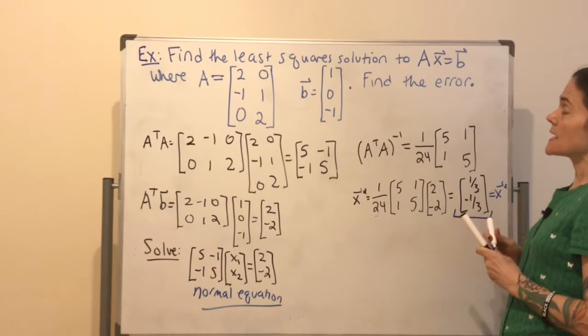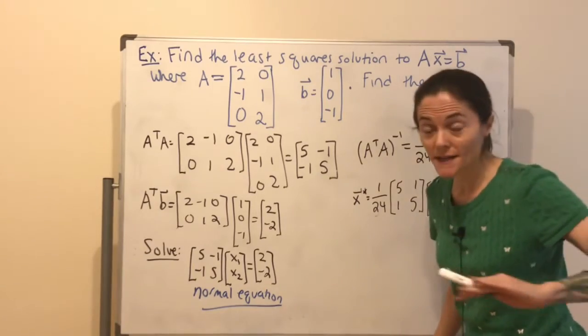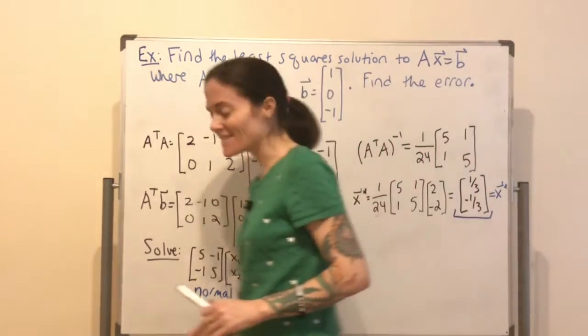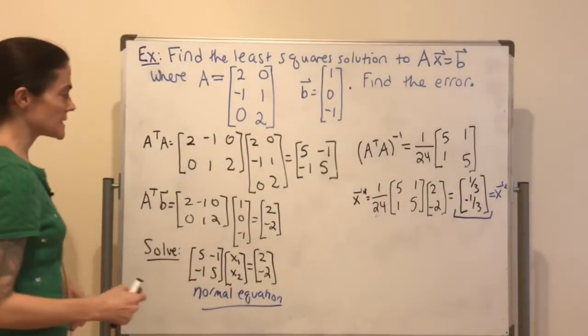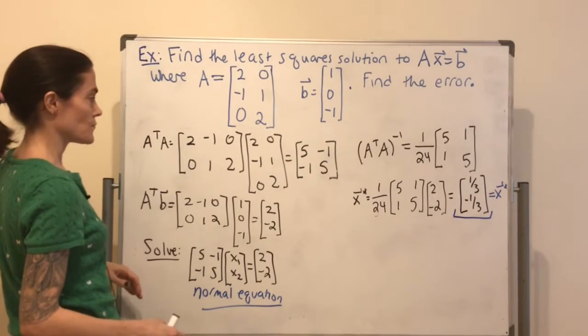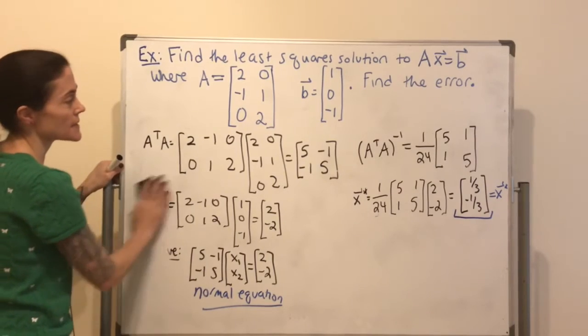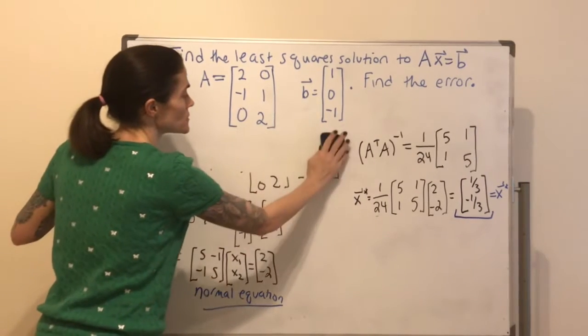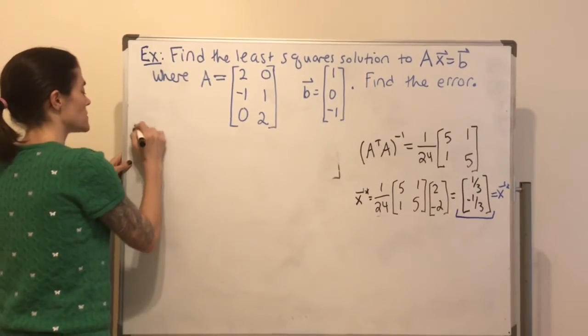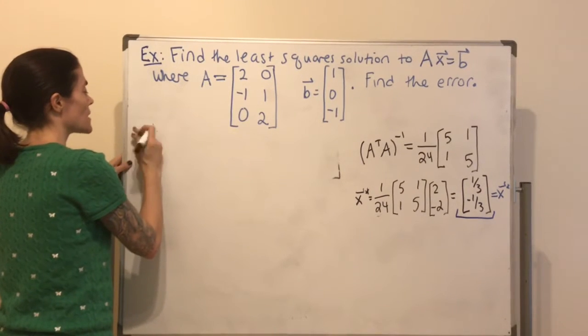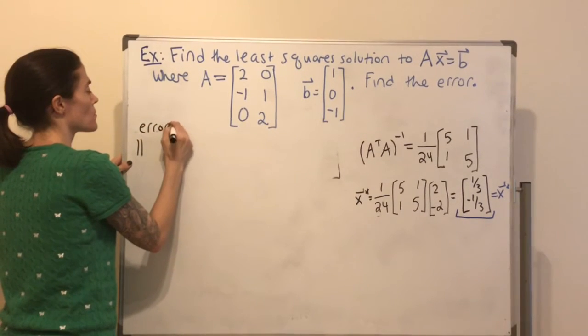But now you see I need to find the error. So part 1, done. Part 2, find the error. So I need to keep none of this on the board. So this part I can now erase once I have found my least squares solution. So what I want is this, the error. Maybe I'll write the word error.